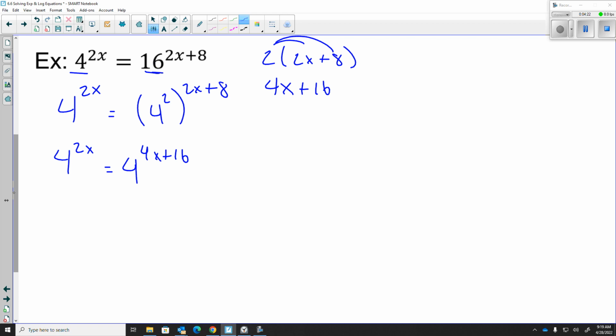Now that they're the same base, you can channel your inner DJ and drop the base. You don't like it? Really? DJ. I don't DJ, but I go far when the base drops. What DJ names do we have in here?